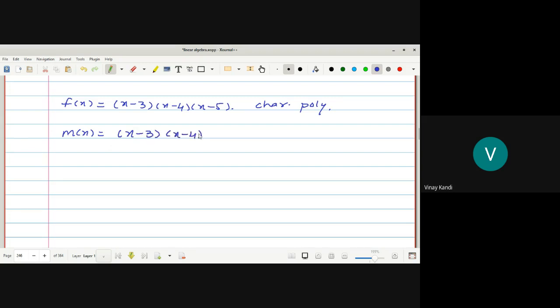But in the characteristic polynomial, the algebraic multiplicity of each and every factor is 1. It implies that in the minimal polynomial the multiplicity of each factor is again 1. So this one is the minimal polynomial. Hence the characteristic polynomial and minimal polynomial are the same if the characteristic polynomial contains every factor repeated only once. If each is repeated only once, the same becomes the minimal polynomial; no need to check again.